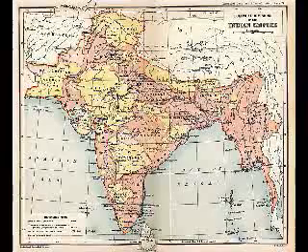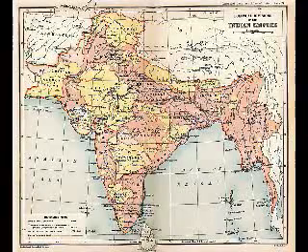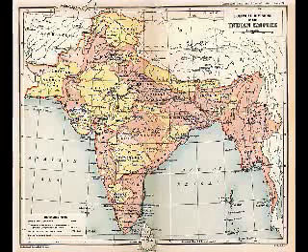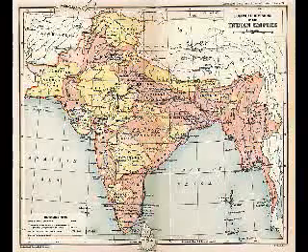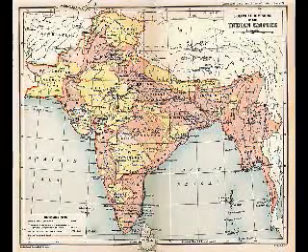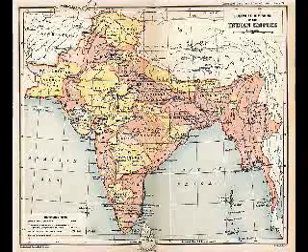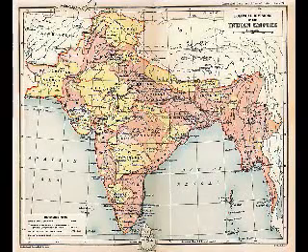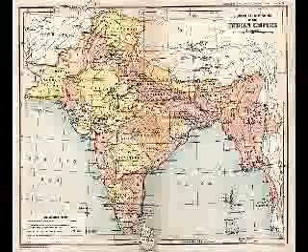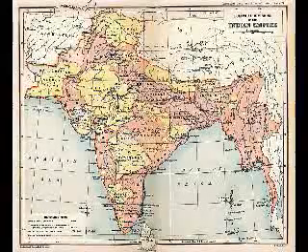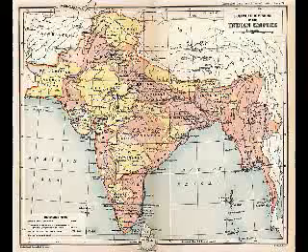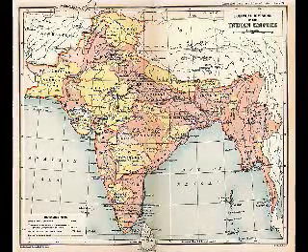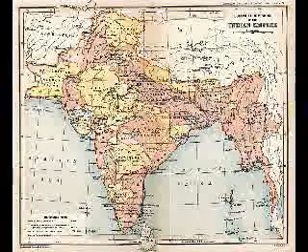Pitt's India Act established an effective instrument of control, direction and supervision which worked with slight alterations till the year 1858, and the control of the crown was now complete over India.